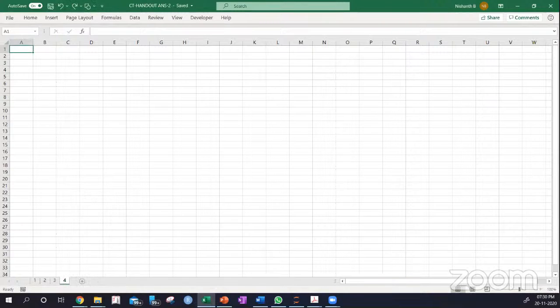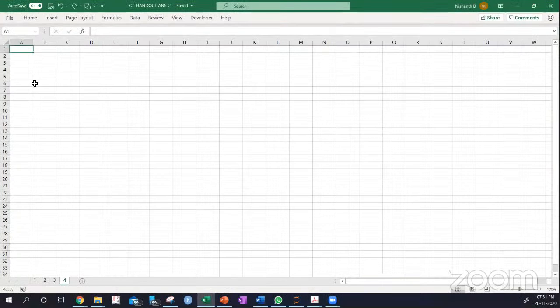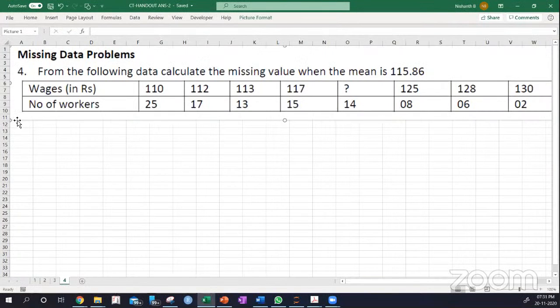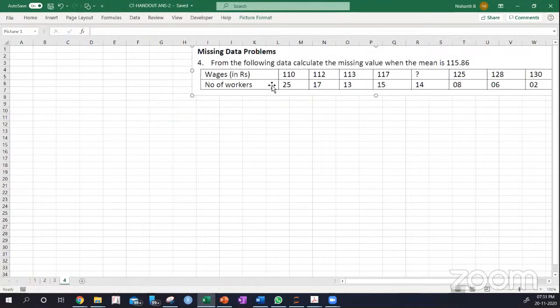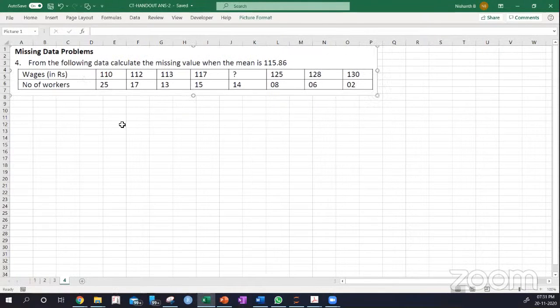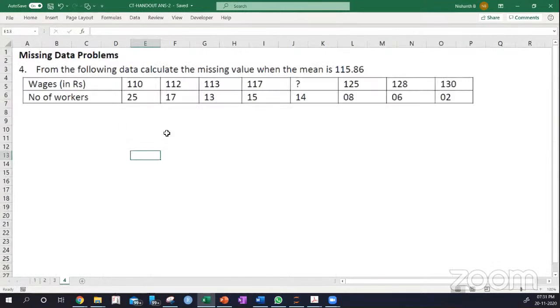Fourth problem. Missing data. Okay, so here you are supposed to find that missing value.